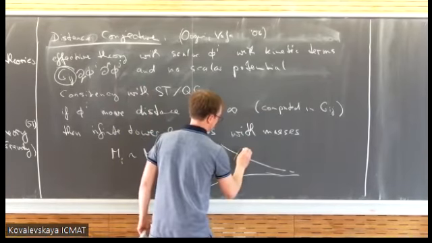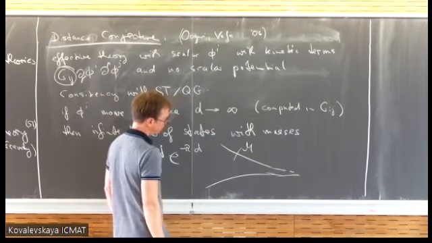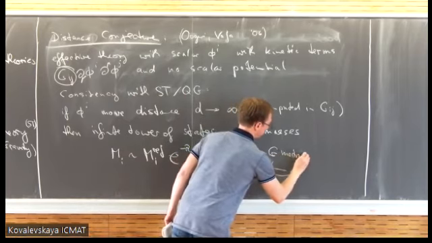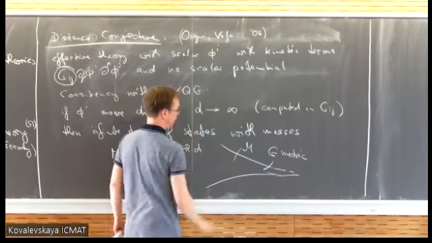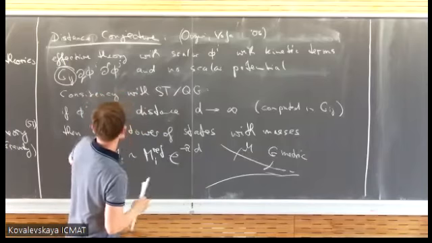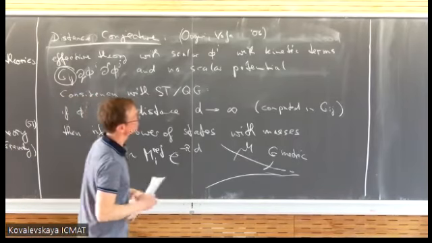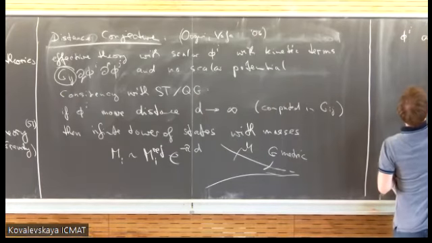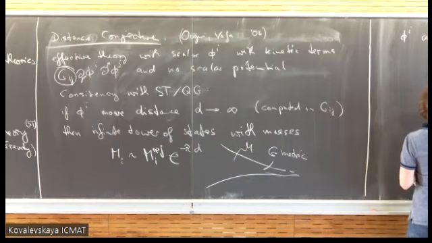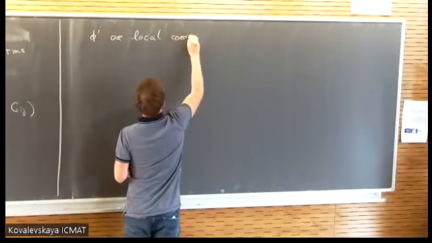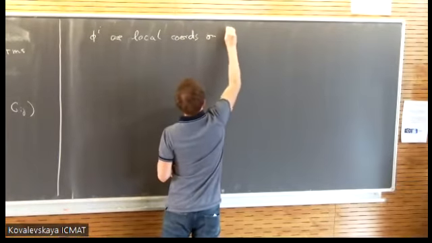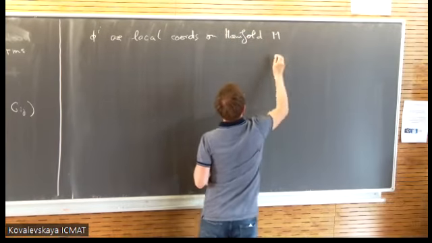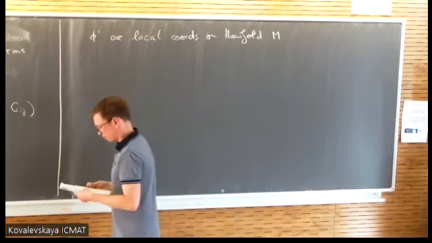There's a manifold M with a metric, which I call G. So G is a metric, M is a manifold. The phi I here are actually local coordinates on the manifold M, and G is the metric, which I wrote already down here.